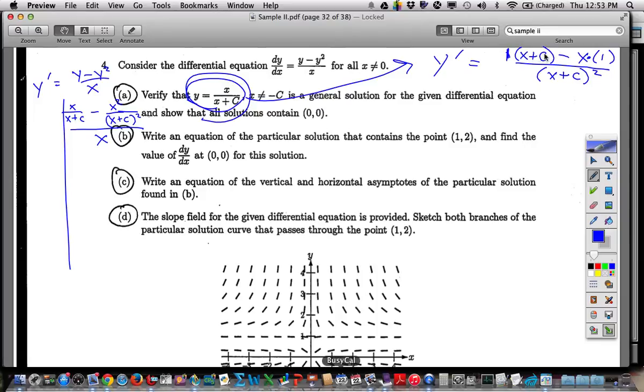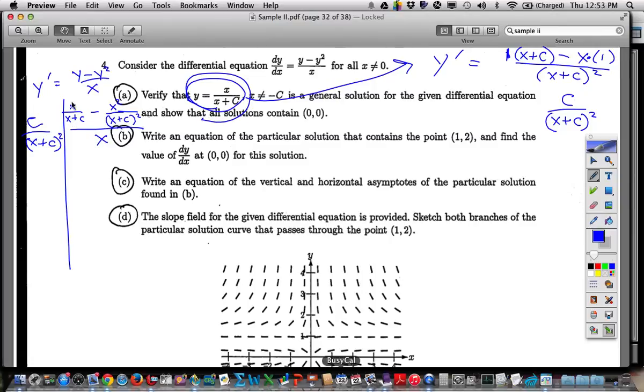So this would be x plus c minus x. So that's just c over x plus c quantity squared. Now there's not much more I can do with that. So I'm just going to put that over. c over x plus c squared. All right, now I got a bunch of work to do with the right-hand side.